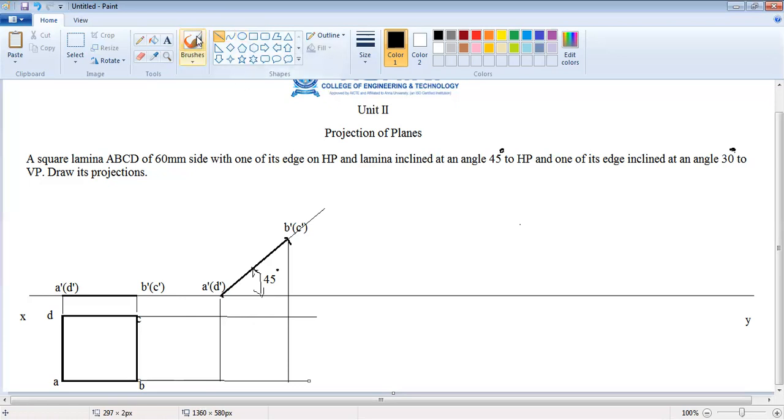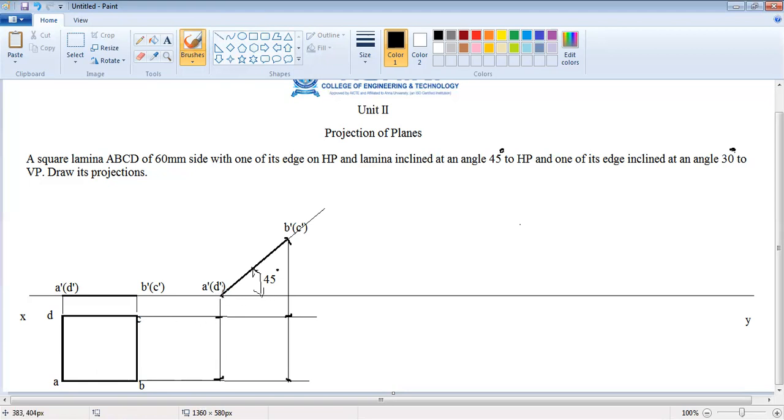So we are getting four points by joining these two lines. These are the points we are marking here.